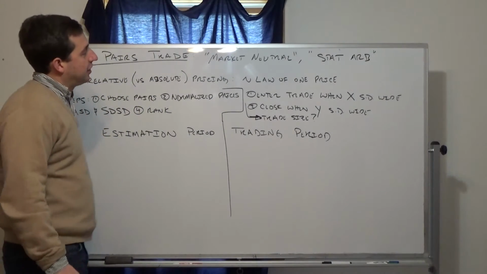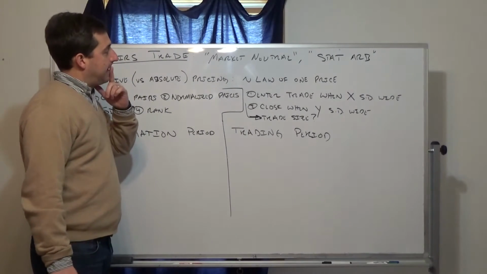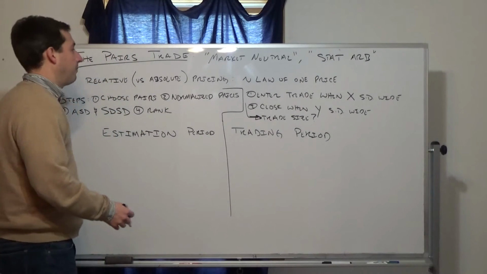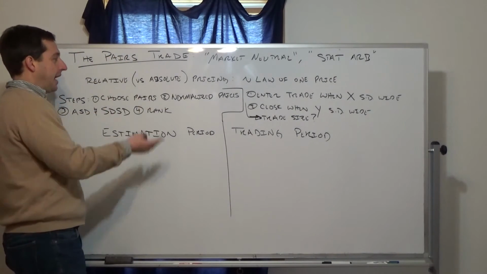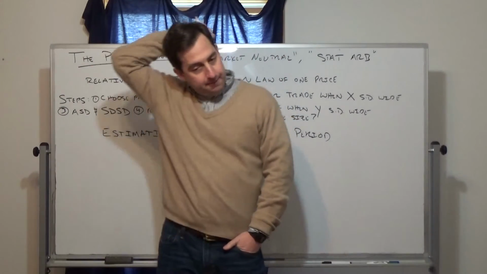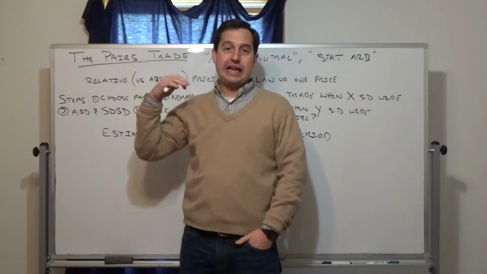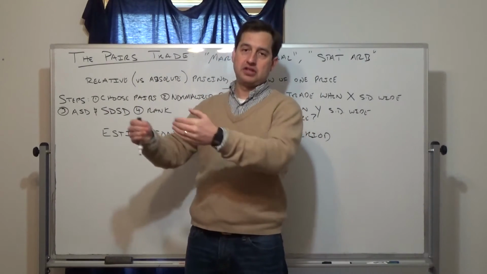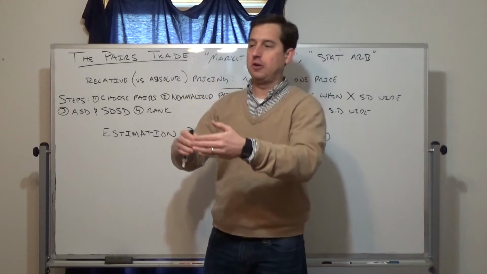The basis of the pairs trade, from a theoretical standpoint, is the law of one price and relative versus absolute pricing. So keep in mind, if we were to look at the value of a stock in absolute terms, in absolute pricing, we would use discounted cash flows to say the value of this stock is $25.